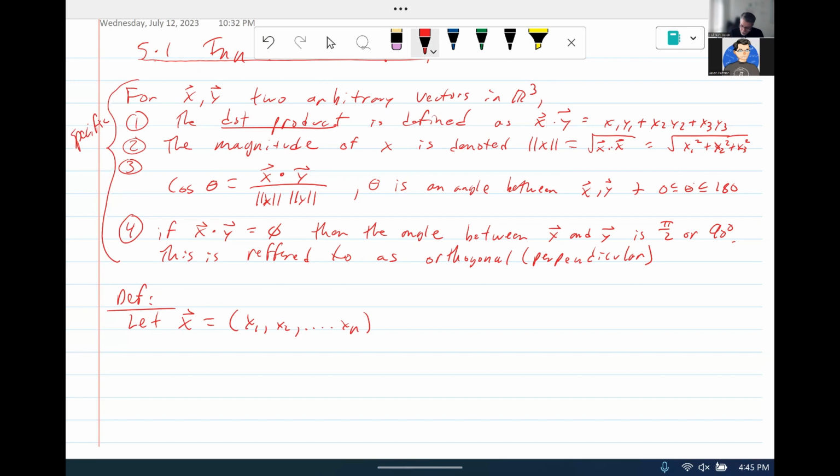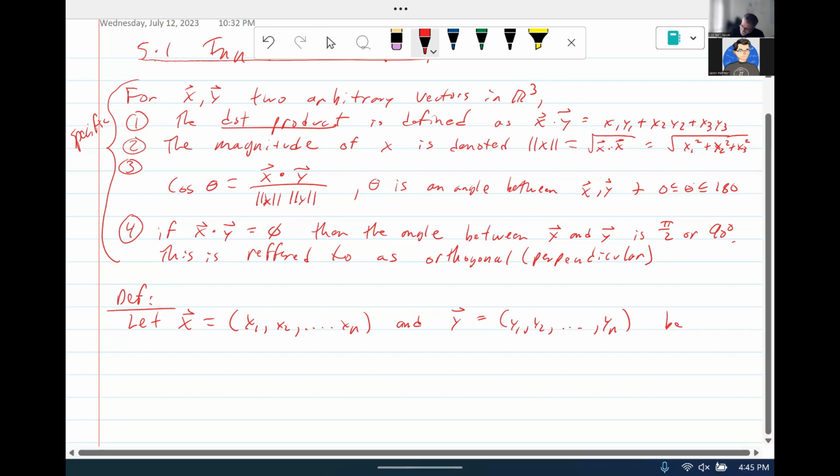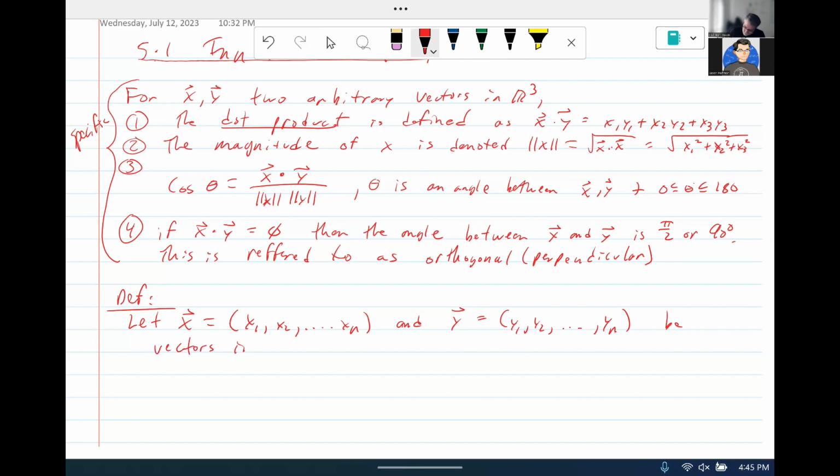And y has the same dimensions: y1, y2, to yn. So these are 2 vectors in Rn. I'm going to write that: let these be vectors in Rn.